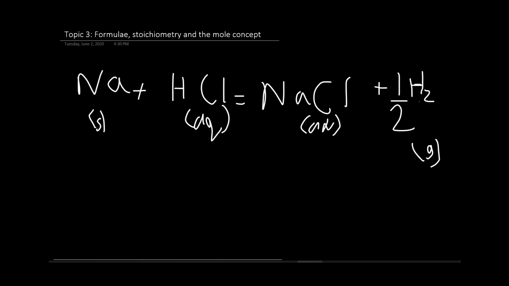This is a balanced equation. What I want you guys to know is that no force or nothing on earth can change this balanced equation. The ratios will always remain the same. 1 mole sodium will react with 1 mole HCl no matter what. 1 mole sodium will give rise to 1 mole sodium chloride no matter what. 1 mole sodium will give rise to half mole hydrogen no matter what. 1 mole HCl will give rise to 1 mole NaCl and half mole H2 no matter what.